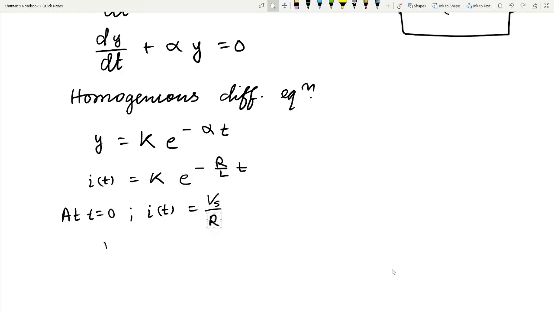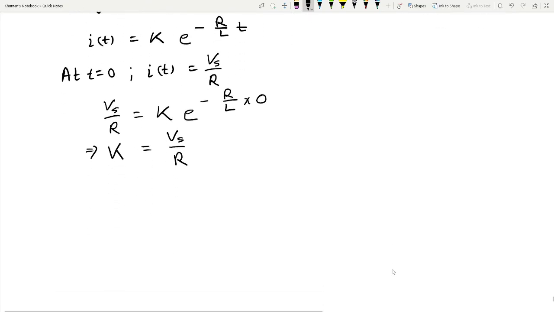Therefore Vs by R equal to k, so k equal to Vs by R. Therefore we can write i(t) equal to Vs by R e to the power minus R by L t.